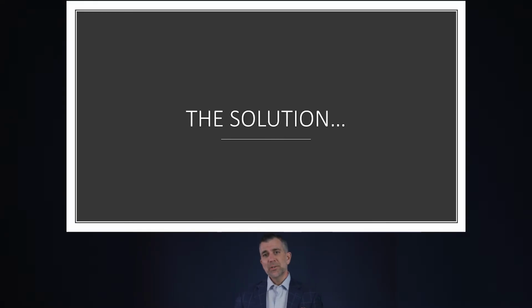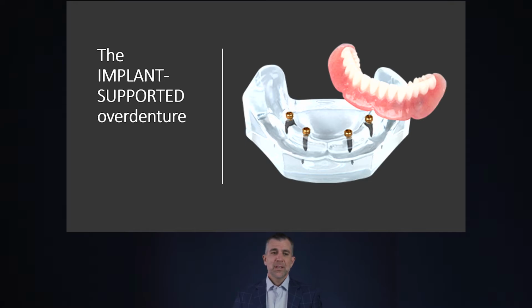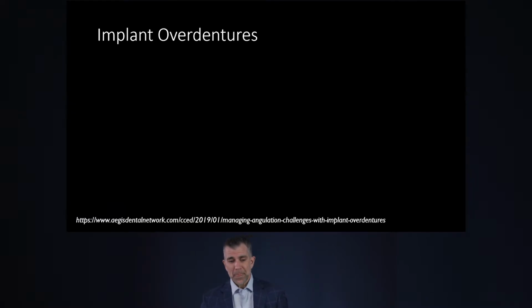So what's the solution to the ill-fitting or the loose denture that helps us solve 4 of the previous problems? And it's the implant-supported overdenture. This is a great option, which is mostly financially feasible for patients that are interested in gaining more support for their denture, and affording them more retention.